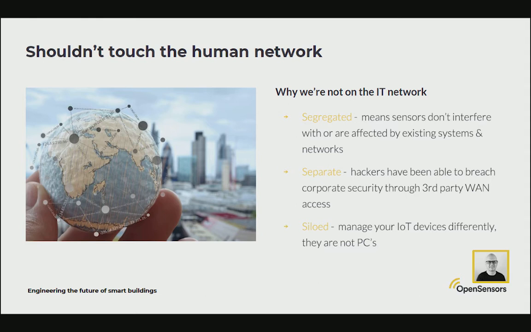We don't provide a means onto the corporate network, which can be and has been exploited by third-party WAN access. And then siloed. Siloed is much more a concept. It's saying, treat your IoT devices differently. Don't treat them with the same sort of IT security policies you would with a PC.